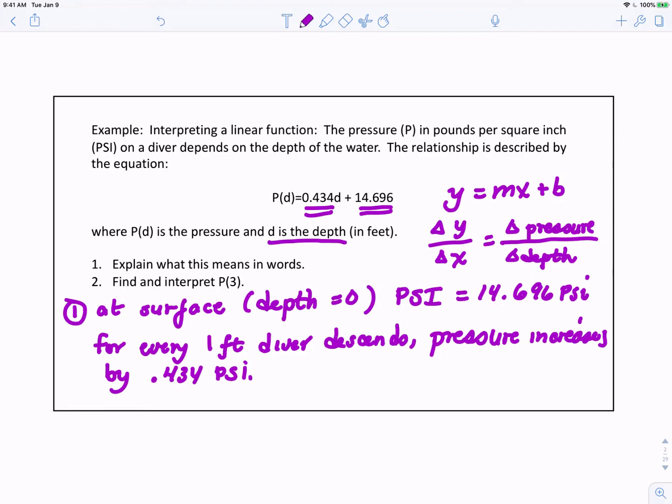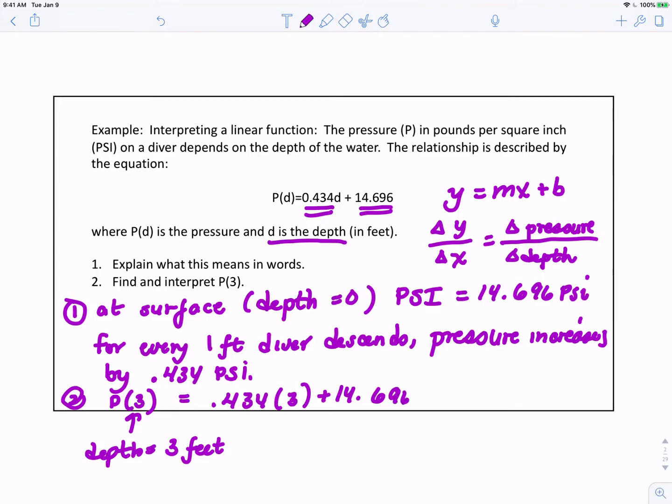Find and interpret P of 3. All right, so we ask what's P of 3. This means that the depth is going to be 3 feet. And what we're going to find is the pressure on the diver 3 feet down. So that would be equal to 0.434 times 3 plus 14.696. So let's take out a calculator and do that.